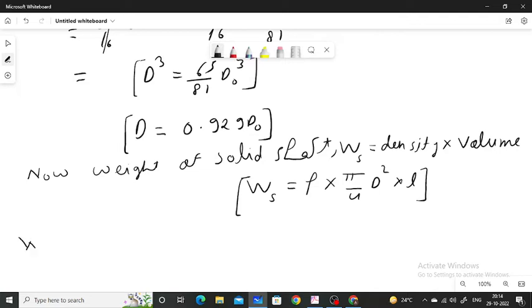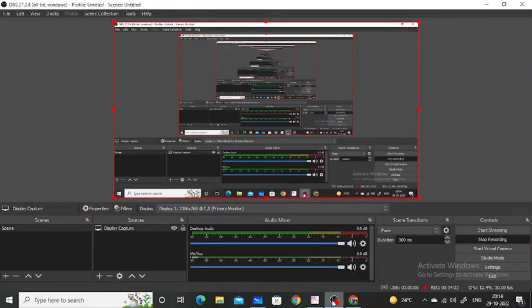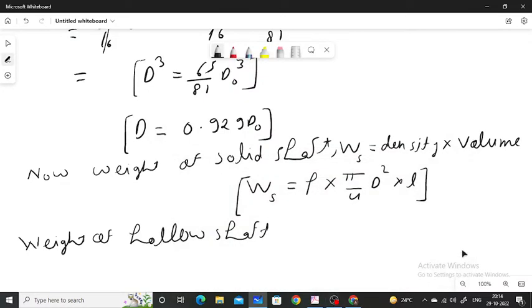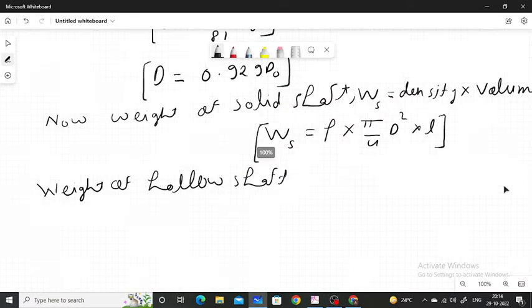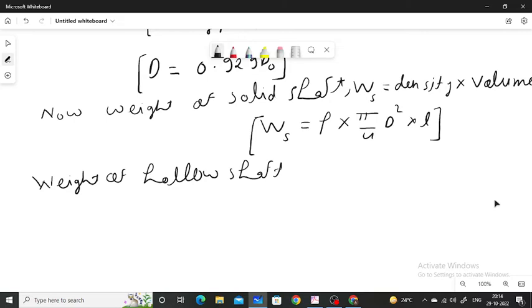Now, weight of the hollow shaft. Wh will be equal to the density into volume.